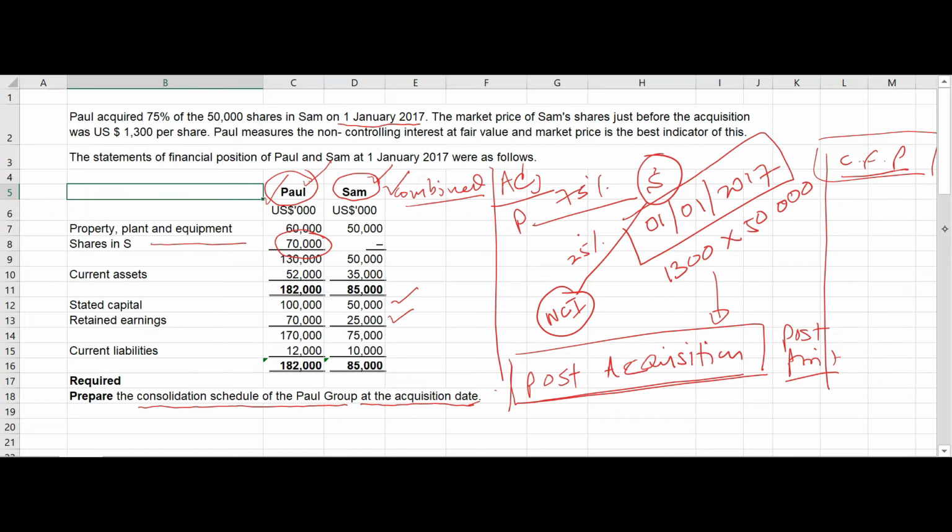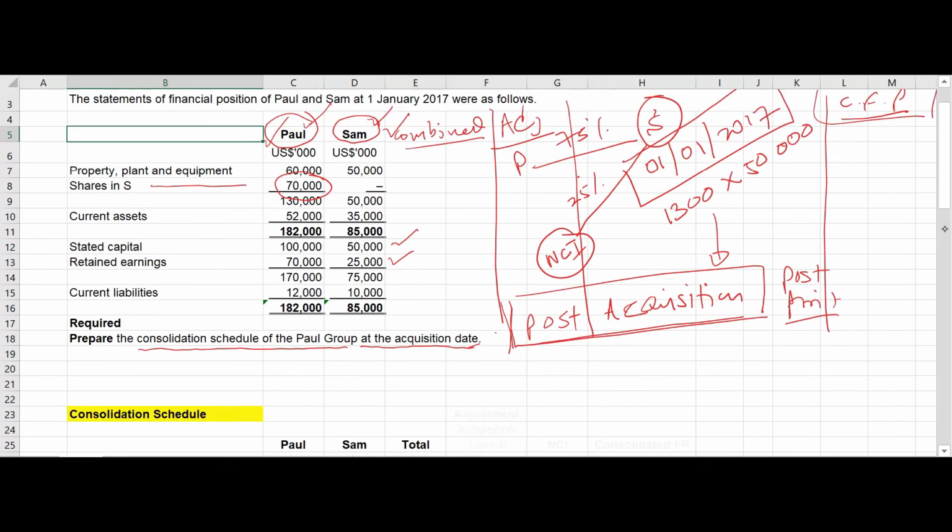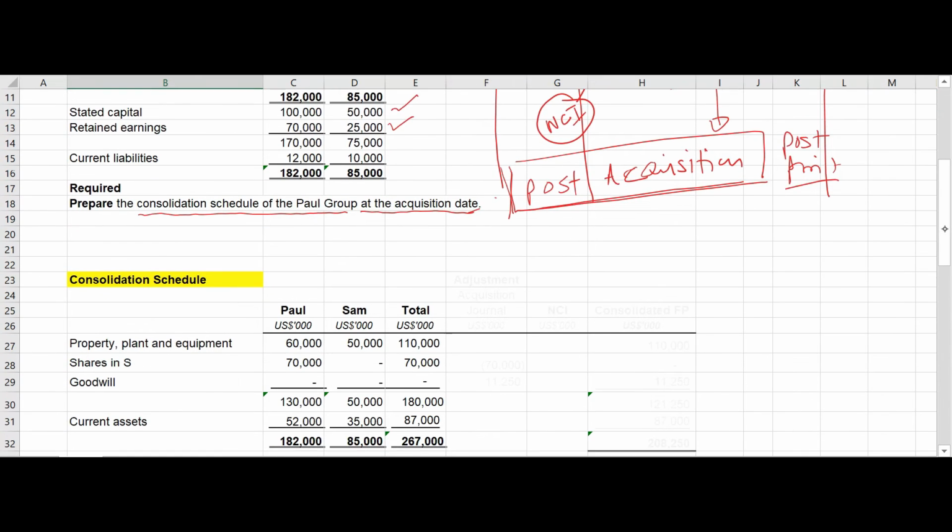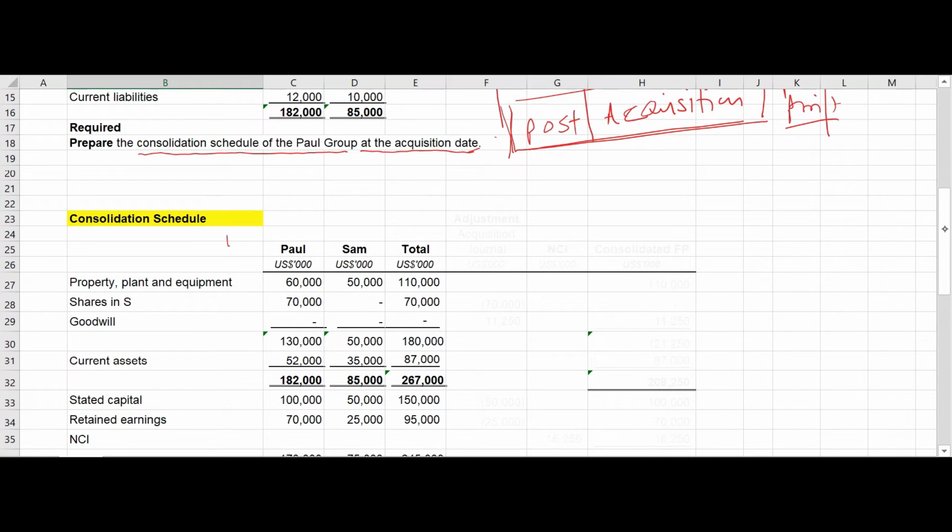Certain transactions belonging to the parent and to the subsidiary will not form part of the group. Therefore we need to make certain adjustments to remove those transactions. So let's move on to the calculation part. We need to prepare the consolidated schedule as at the acquisition date.